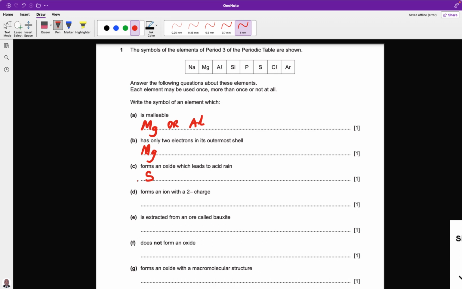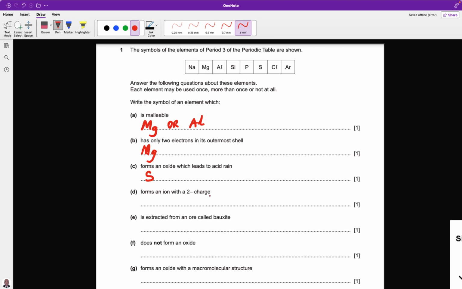Write the symbol of an element which forms an ion with a 2 minus charge.